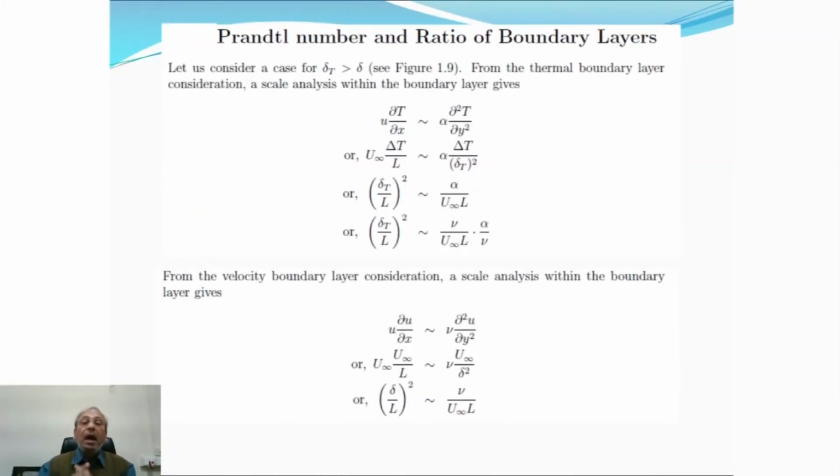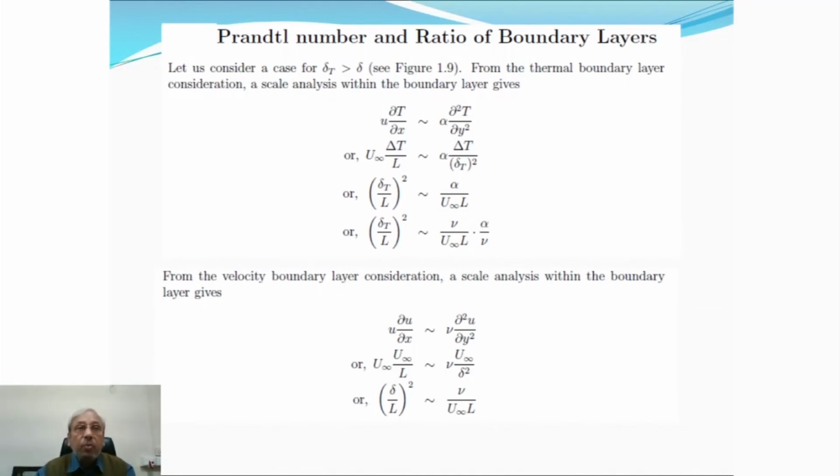I will try to wrap up today's discussion with another very short topic. Usually we keep saying that boundary layers are related to the Prandtl number, and we have also said a little earlier that the Prandtl number is of the order of delta by delta t. Delta is the velocity boundary layer thickness, delta t is the thermal boundary layer thickness.